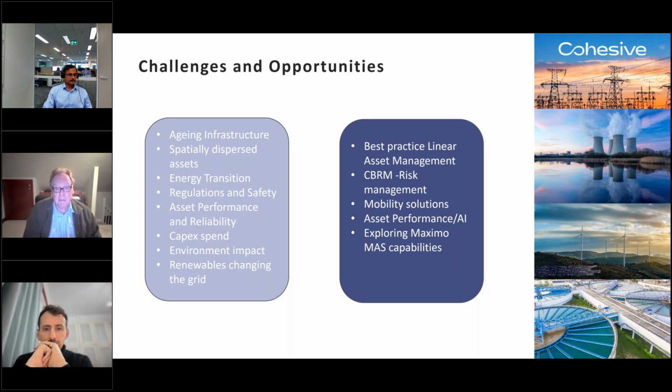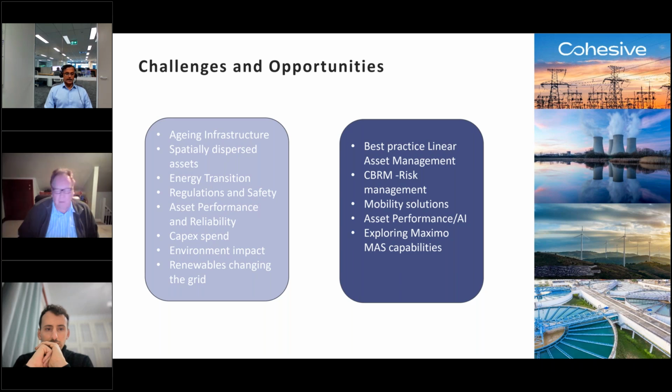How about you, Murali? Similar in your region? So in ANZ specifically, we have a lot of emphasis on regulations and safety, regarding the bushfires and other areas. We also have a lot of penalties for operators on asset performance and reliability, to ensure the network is always available.